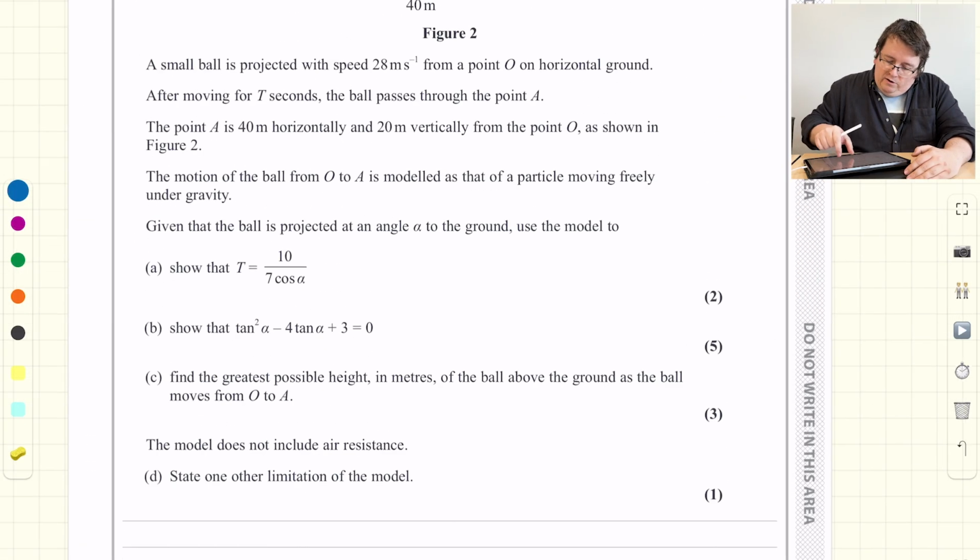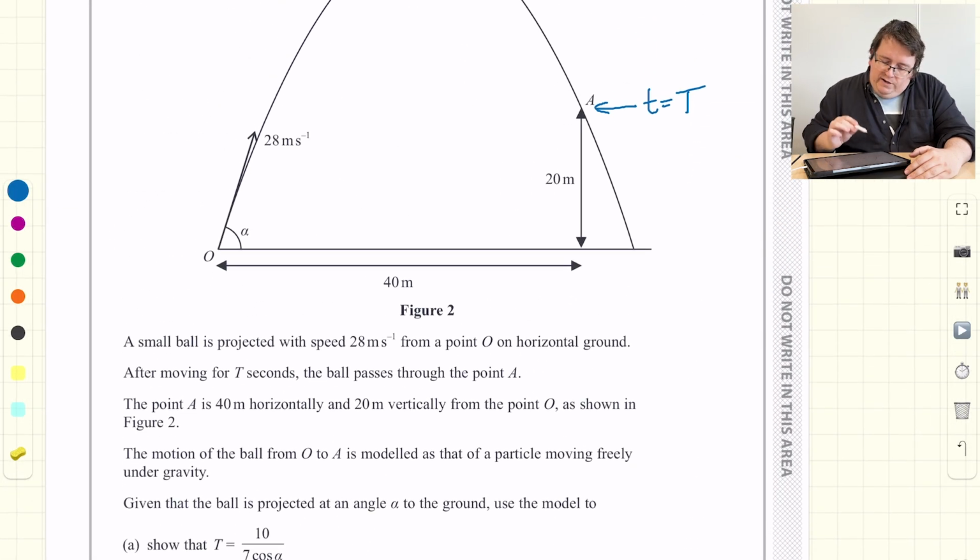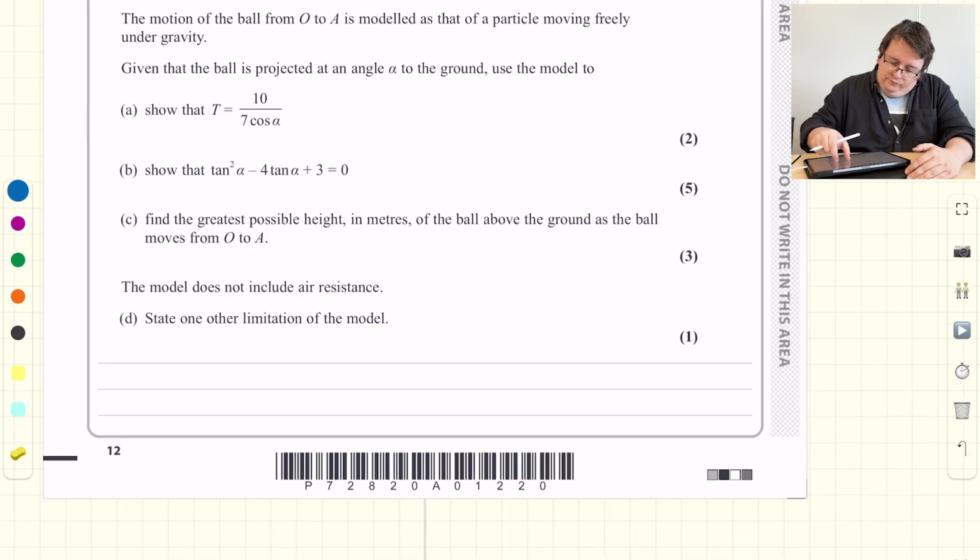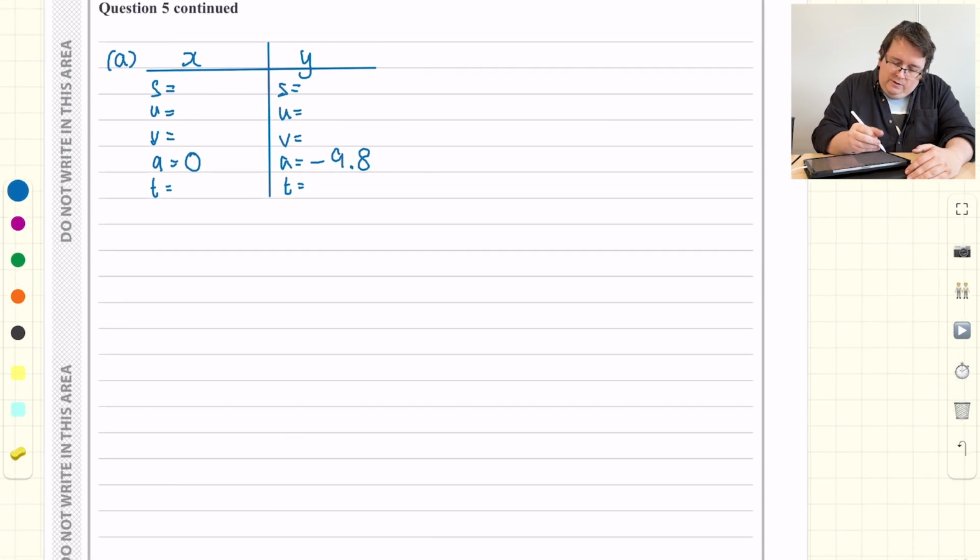So let's just quickly go back. We know that the initial velocity was 28, so we're going to split that up into its components: 28 sine alpha for the vertical component and 28 cosine alpha for the horizontal. So 28 cosine alpha and 28 sine alpha. Okay, we've got those pieces.